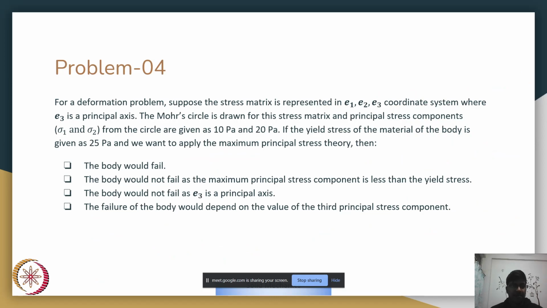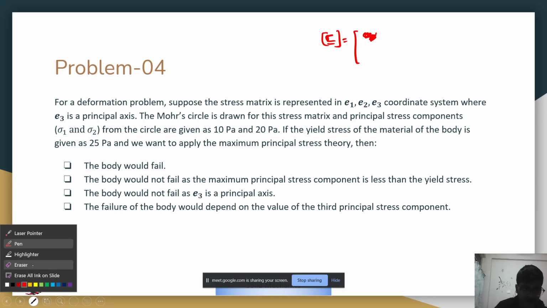The fourth problem. For a deformation problem, suppose the stress matrix is represented in the E1, E2, E3 coordinate frame, where E3 is the principal axis. So let us look at sigma. We have 1, 2, 3, right? So I'll use that.